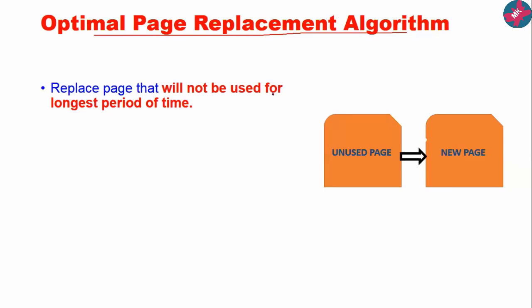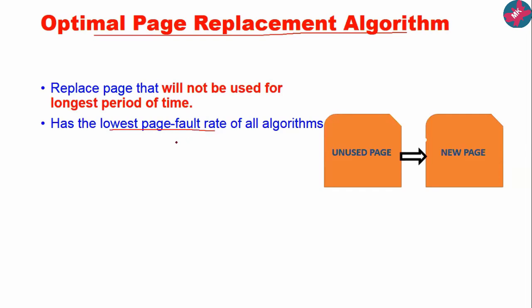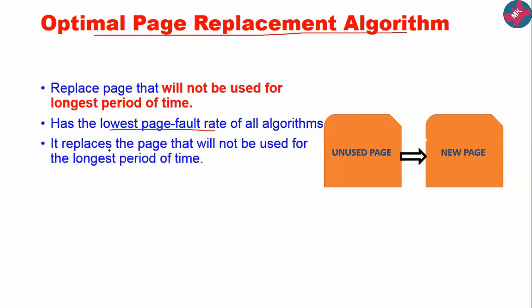If you compare it with FIFO and LRU, this has the lowest page fault rate, right? And this algorithm looks forward in time. The earlier two algorithms were looking backward in time, and this algorithm looks forward in time.